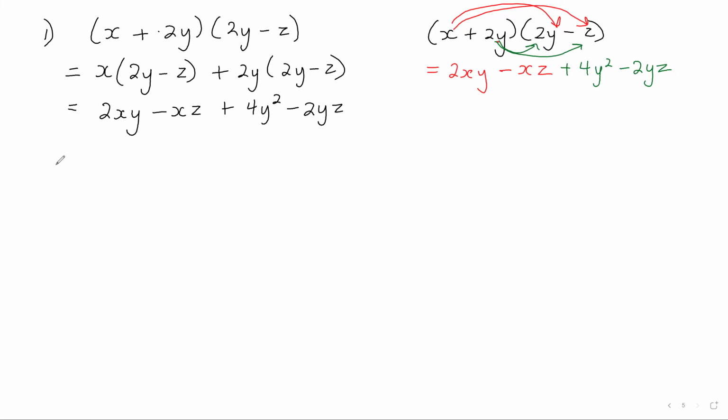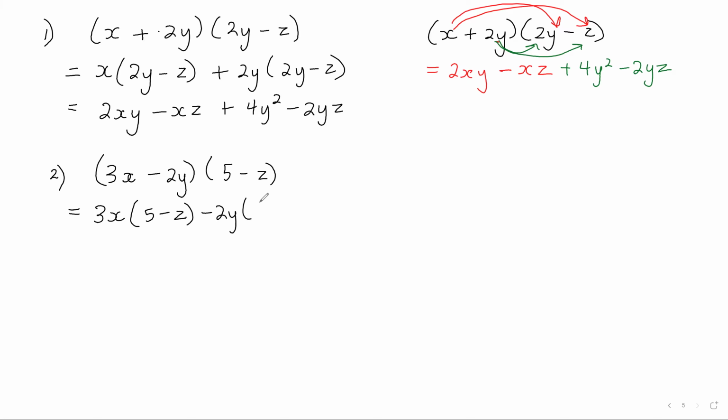Say I had 3x minus 2y times 5 minus z. All right, so I take the first term and multiply it by the second pair of brackets. And then I take the second term, minus 2y, and multiply it by the second bracket.